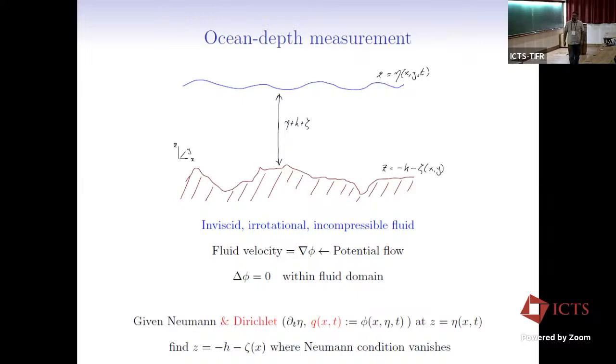So the way people attacked this problem was they actually made it easier. They assumed more. What they assumed was, we're not just given the Neumann condition at the free surface, assume you're also given the Dirichlet condition at the free surface. So at one surface, you're given the Neumann and Dirichlet condition, and then there's a harmonic function, and you want to find where the harmonic function has a zero Neumann condition somewhere else.